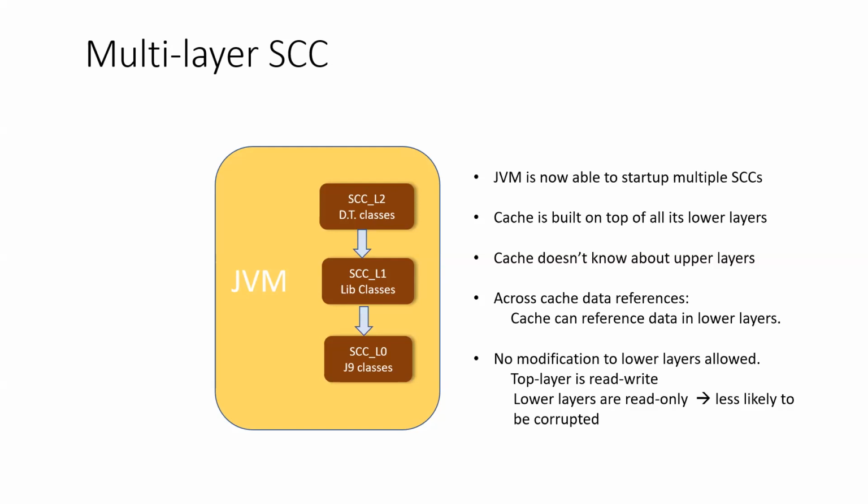A cache can reference data in any of its lower layers, and only the top layer cache, in this example layer 2, is readable and writable. All the lower layers are read-only. It's the same as Docker layers. As all the lower layers are read-only, they are less likely to be corrupted.